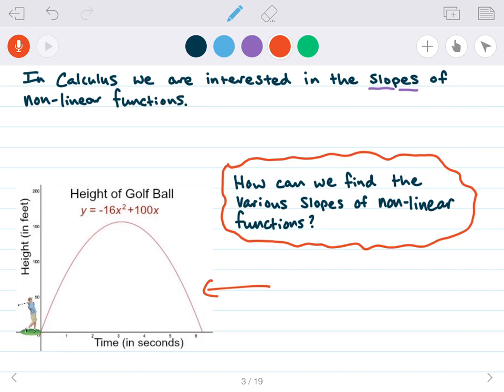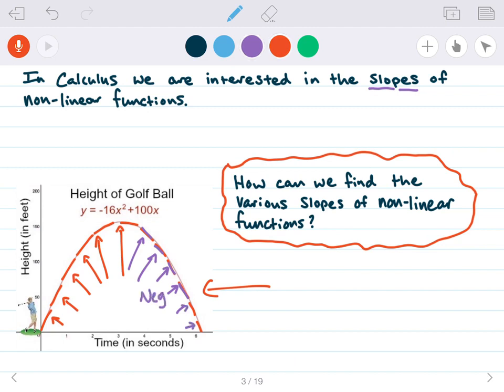If we start at time equals 0 and we just move up, what's happening to the slopes of these lines that touch the curve is that at t equals 0, the slope starts out positive and fairly steep, and then it starts to flatten out, getting very flat at the top, almost a slope of 0, and then it starts to go negative until we reach t equals 6.